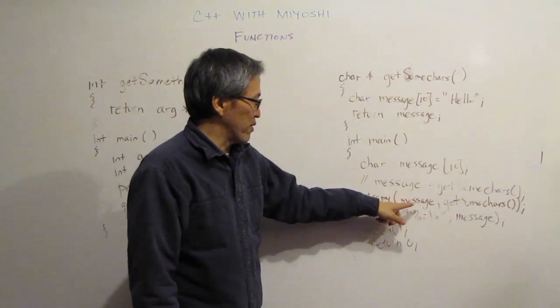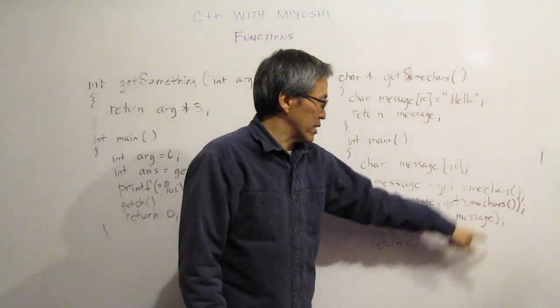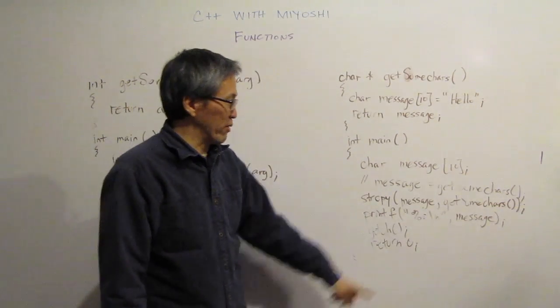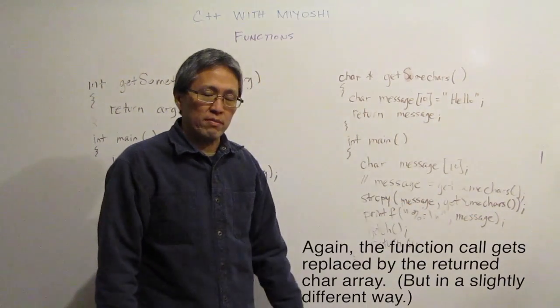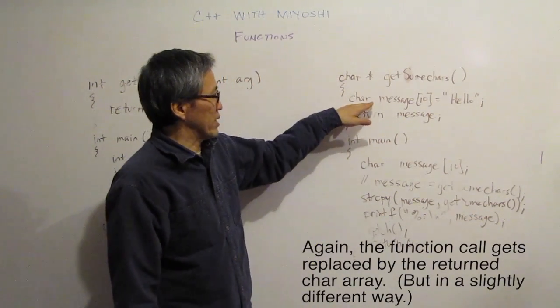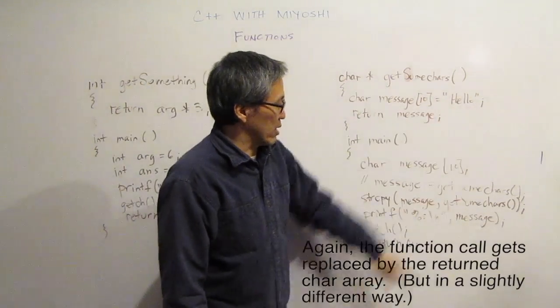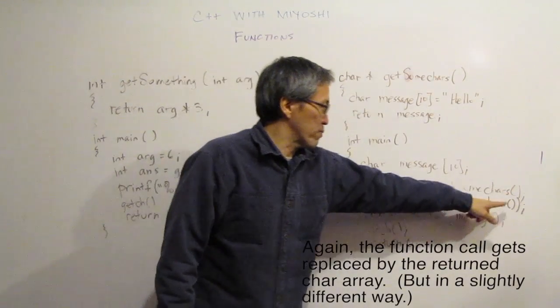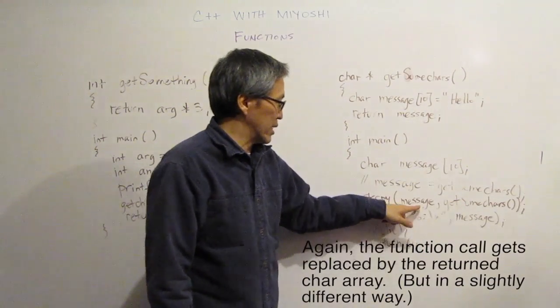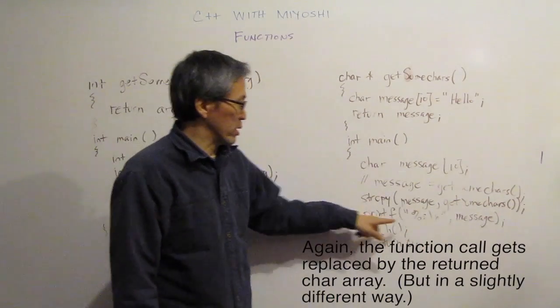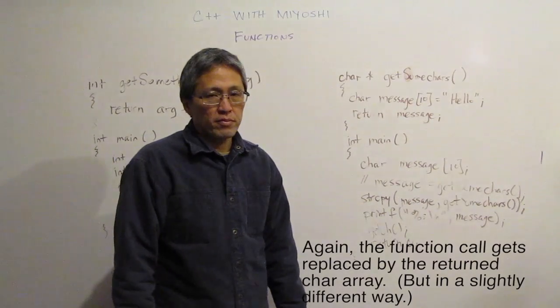So here we have message getting getSomeChars. Whatever is returned back from this function is going to get copied over into message. So the message gets returned. Hello is going to be here in getSomeChars, and then that in turn is going to get copied over into message, and message will then get output here.